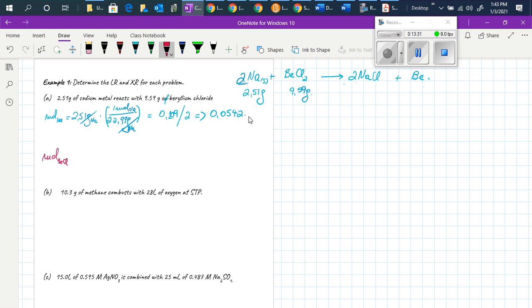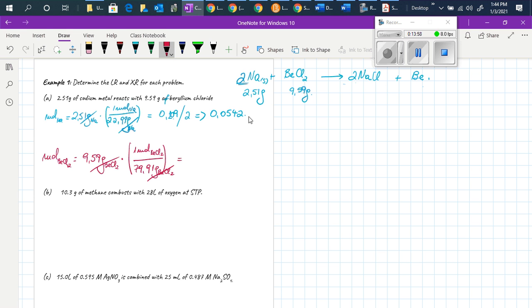And for the moles of beryllium chloride, we will use stoich again. 9.59 grams of beryllium chloride times the molar mass of beryllium chloride, which is 79.91.